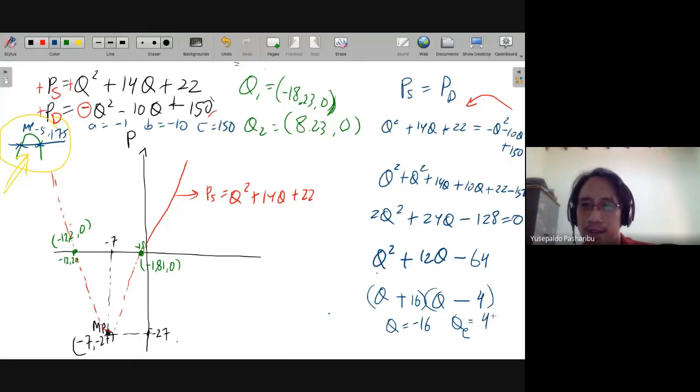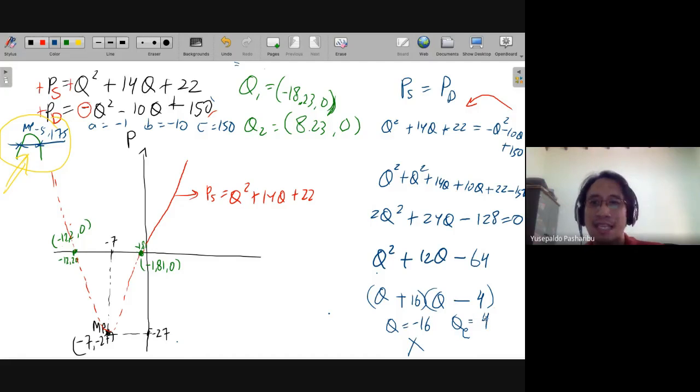Negative 16 is not possible. Nobody wants to buy minus, nobody wants to sell or produce minus 16. That's impossible, so don't care about this, and let's use the other.